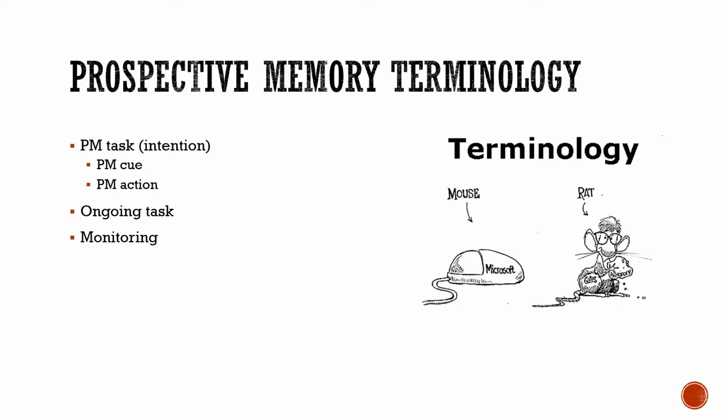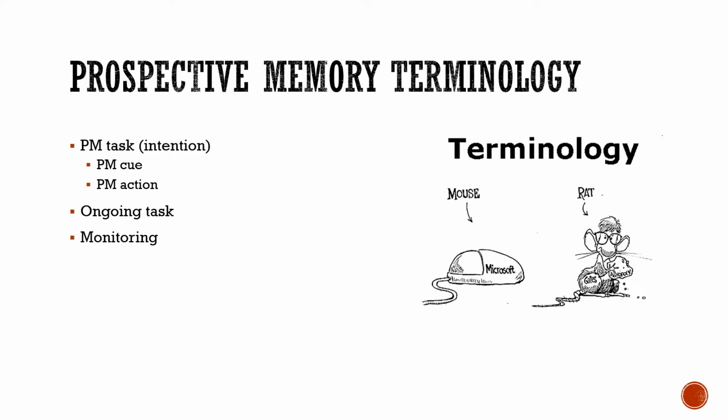And the last term here is monitoring, which is kind of another term for attention. So in order to actually notice the prospective memory cue, you have to reserve some attention so that you can try to pick it out and detect it. So when you are able to notice that animal, for instance, it's because you were monitoring, waiting to see when that cue would come about.